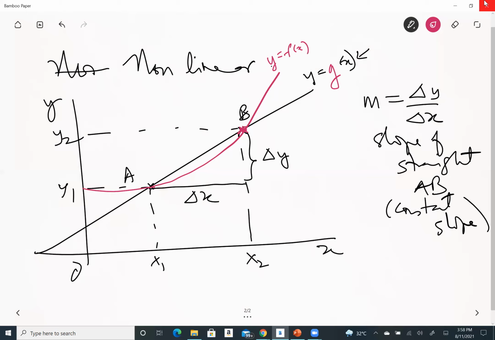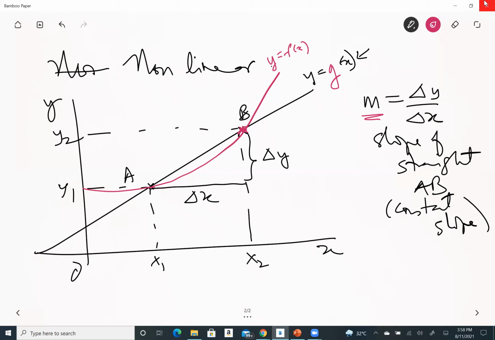Now, if I use the slope m equals delta y over delta x, you get the ratio delta y over delta x. The slope would be the slope of the straight line AB. Now you have the curve, and you have the line in red color.